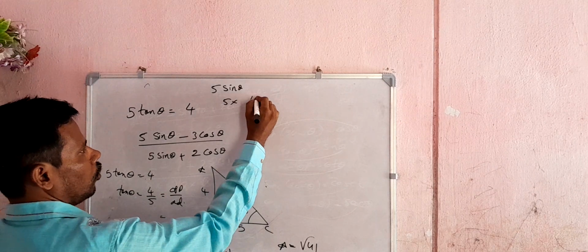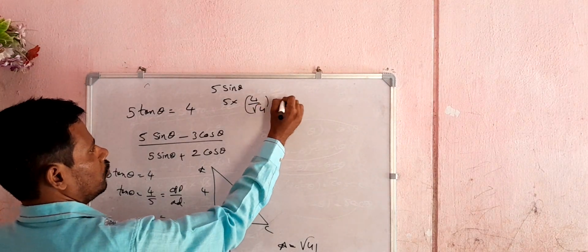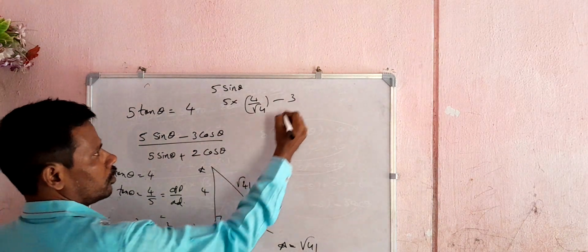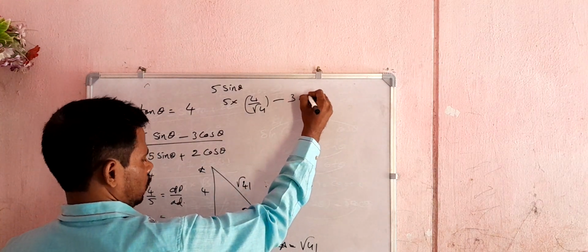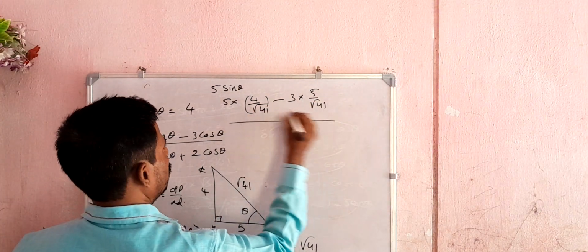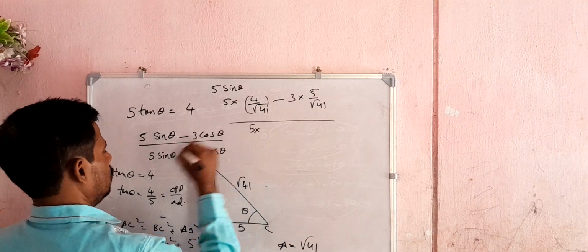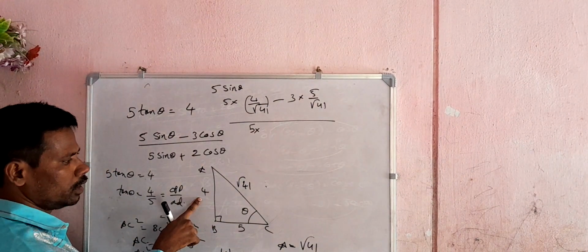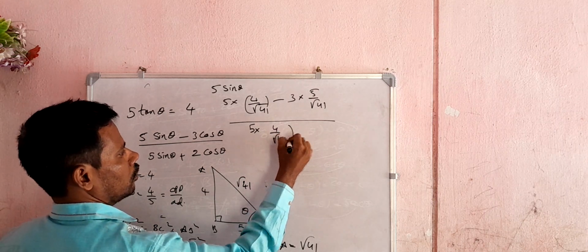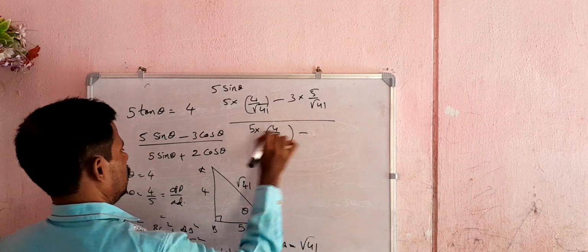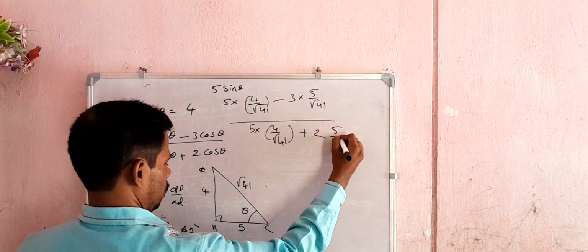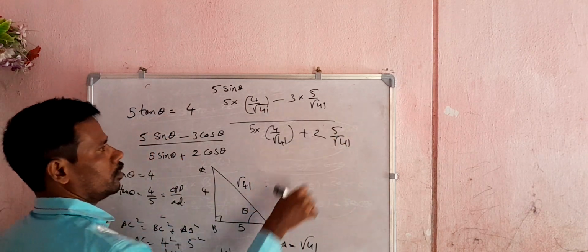Sin value is 4 by root 41, minus 3 cos theta. Cos theta definition: adjacent by hypotenuse. By 5 into sin theta, opposite by hypotenuse, next plus 2 cos theta, adjacent by hypotenuse. Simplify, you will get the answer.